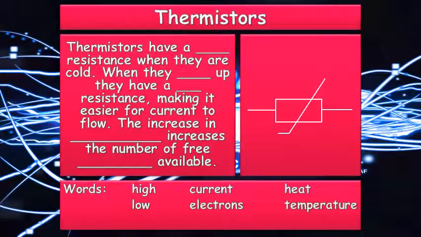And the final example is a thermistor. So pause the video now, and then we'll go through it together in about 5 seconds. Okay, so welcome back. So thermistors have, again, a high, it's terrible writing on my behalf, a high resistance when they are cold. When they heat up, they have a low resistance, making it easier for current to flow.